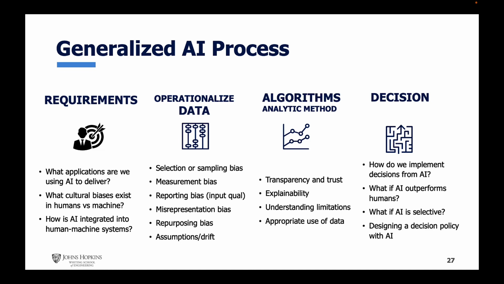Under decisions, how do we implement the decisions from an AI solution? When the solutions inform as opposed to making decisions, trust increases. So have we thought about where we're allowing the human to make the decisions or guide the process, where we've created intentional points in which humans engage in the process?